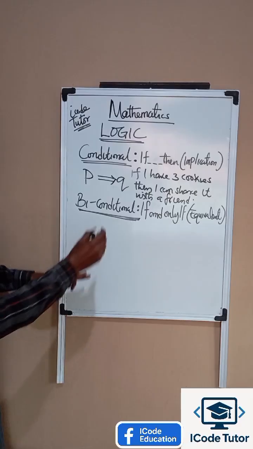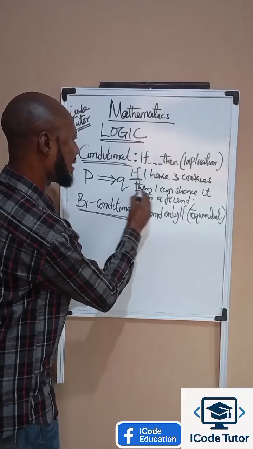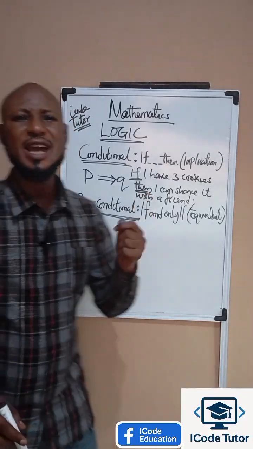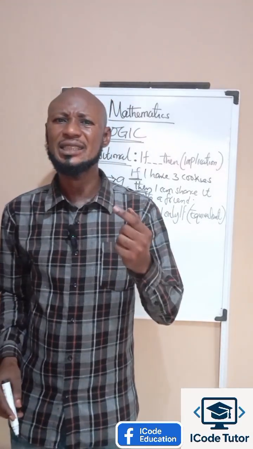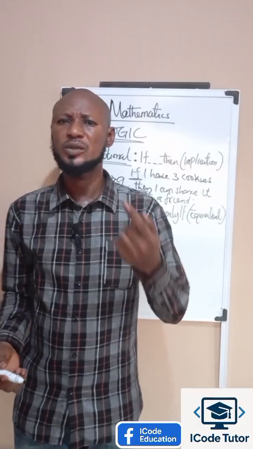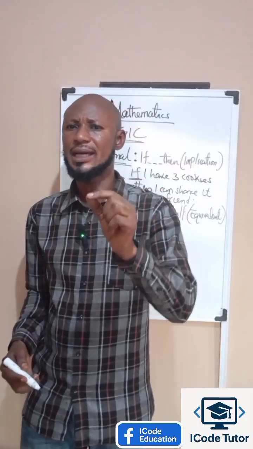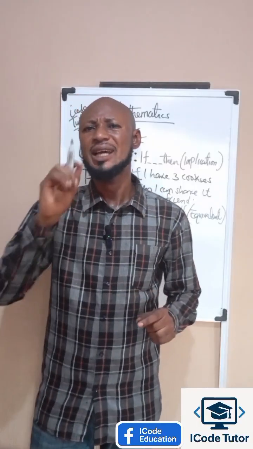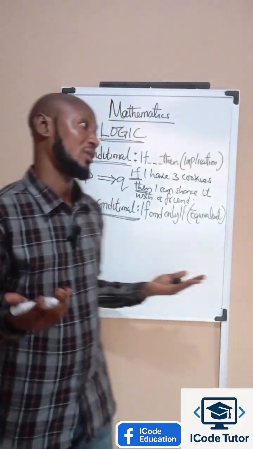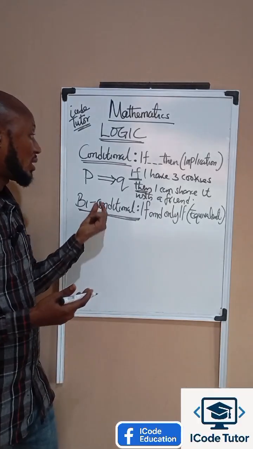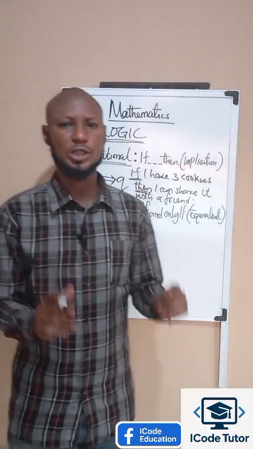If you look at it, these sentences contain if and then. They use if-then to show that having 3 cookies allows for sharing with a friend. That's a typical example of P implies Q.